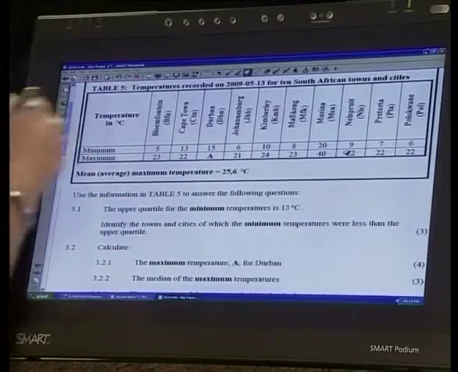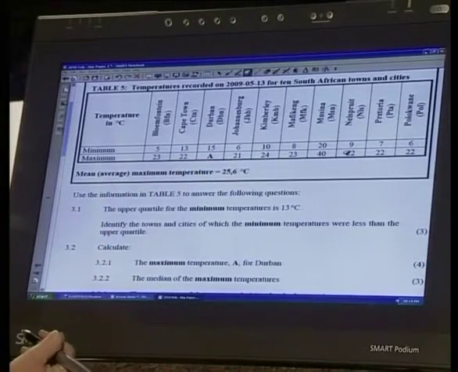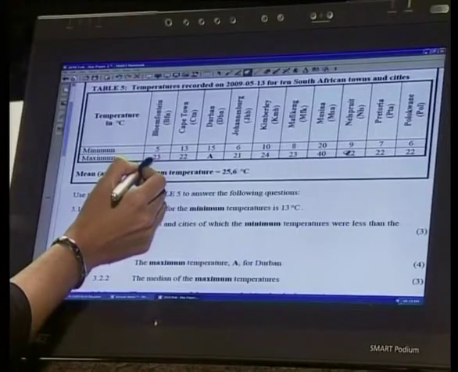If you just look at those numbers, you should be saying to yourself, well, my mean average is 25.6. That's quite high in comparison to the other numbers in the data set. Whereas the median average that I've calculated is 22.5. That's very close to the others. 22.5 is only 0.5 degrees off the 23.